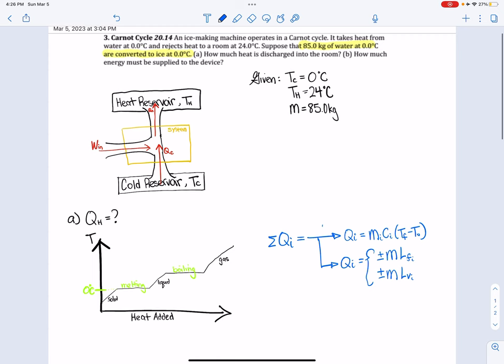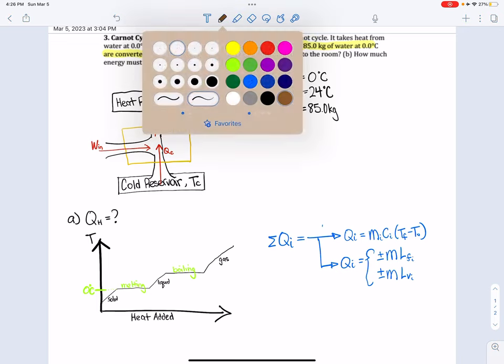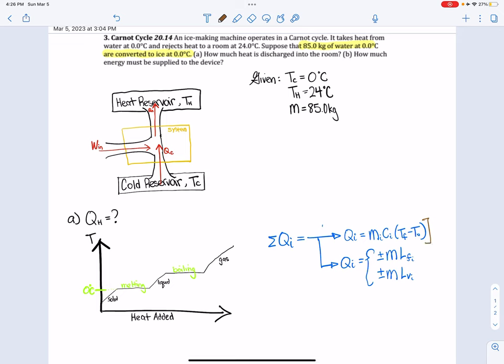And again, in this problem, we are just dealing with 85 kilograms of water at 0 degrees Celsius converted to ice at 0 degrees Celsius. So again, this guy right here is the heat transfer necessary to change temperature within the same phase.